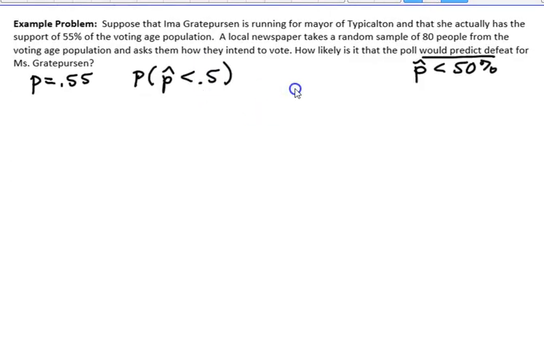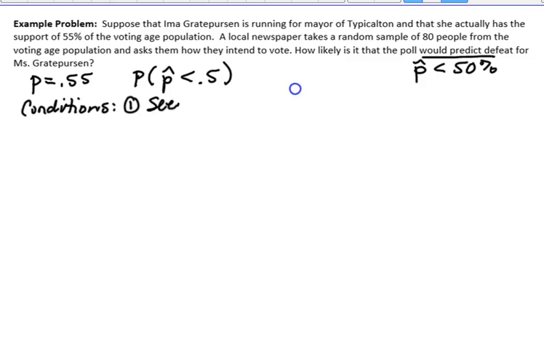So let's think of our conditions here. First of all, we have a sample size of 80. The sample has to be less than 10% of the population size. So we have to have at least 800 in the voting age population in this town. That seems reasonable.